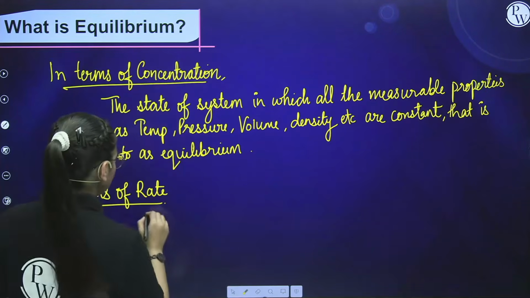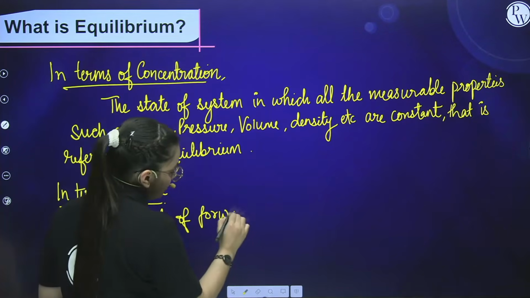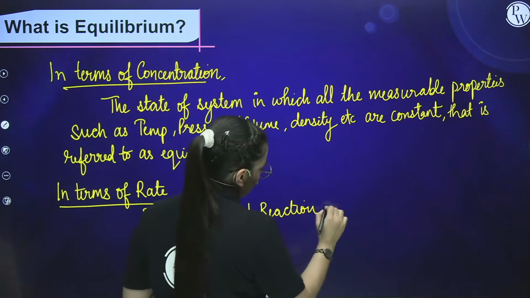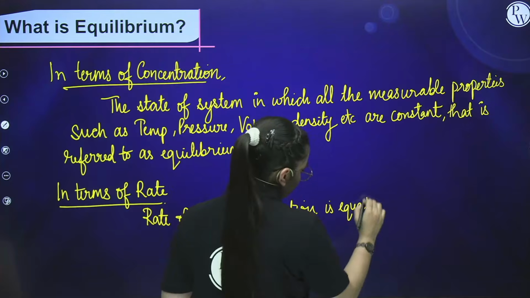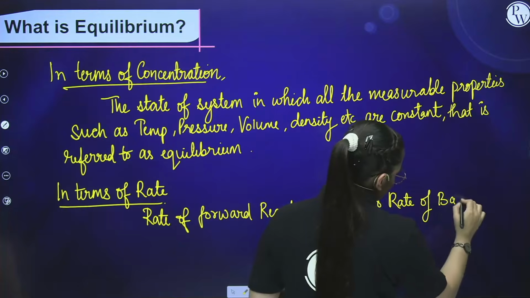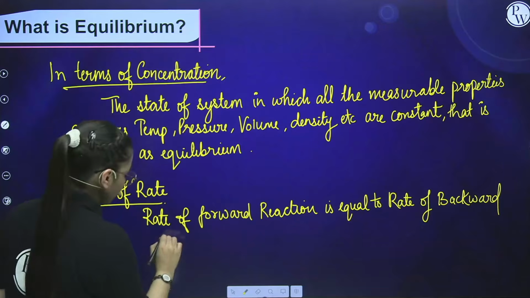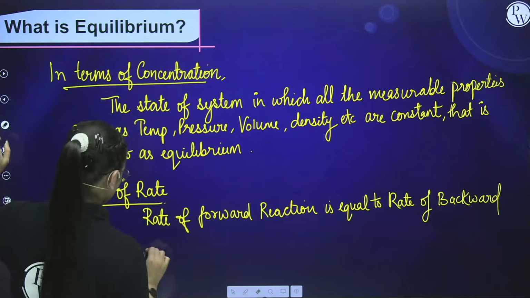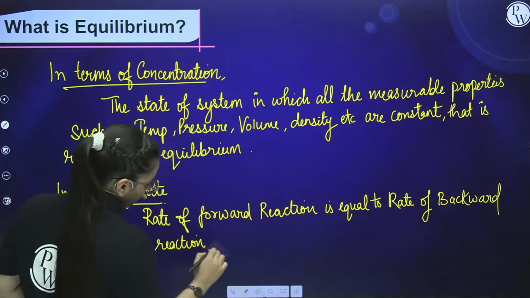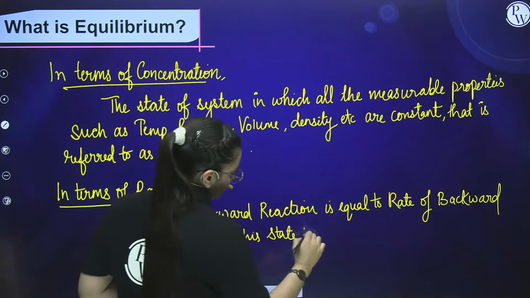So I would write here: rate of forward reaction is equal to rate of backward reaction. So this state is equilibrium.